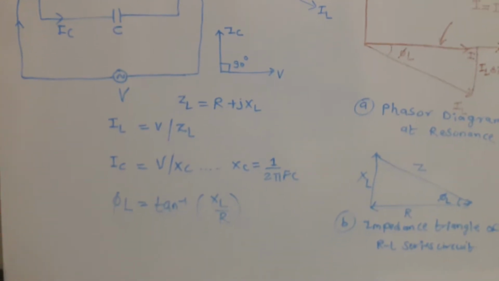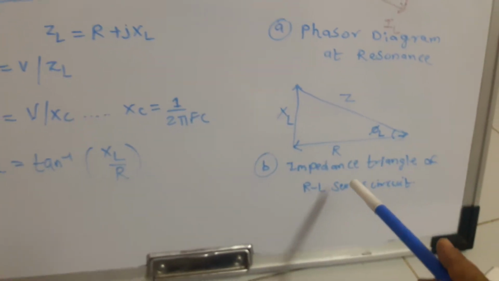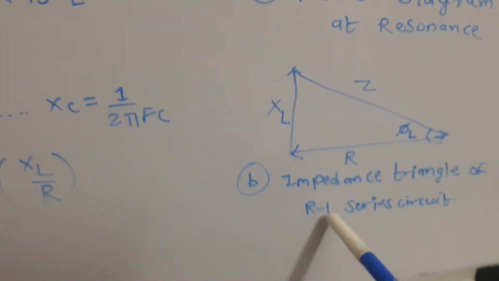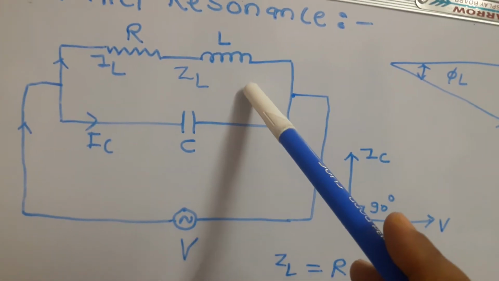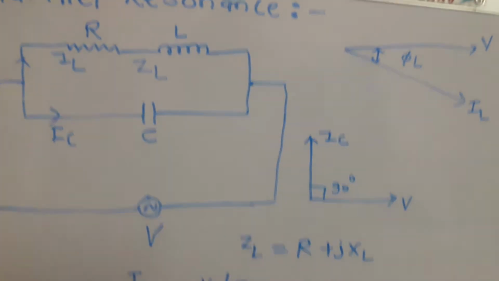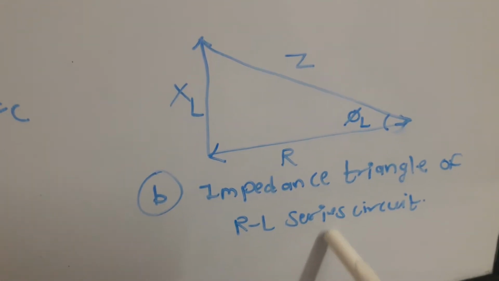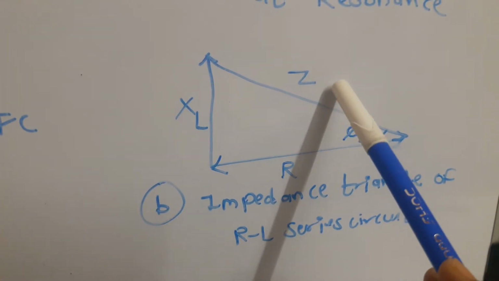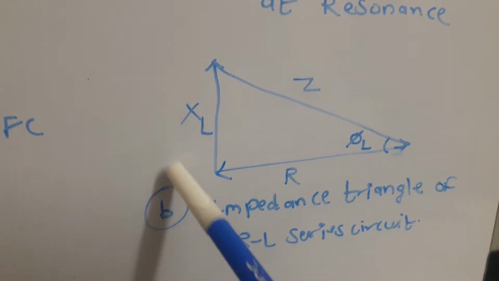Angle phi L can be calculated from the impedance triangle as shown in figure B. This impedance triangle is with respect to the RL series circuit, that is, a resistance in series with an inductor, which is in parallel with a capacitor. So we can draw an impedance triangle like this. Here this is the resultant impedance Z, with resistance connected in series with inductor.